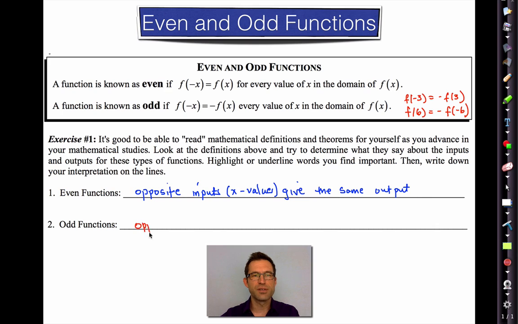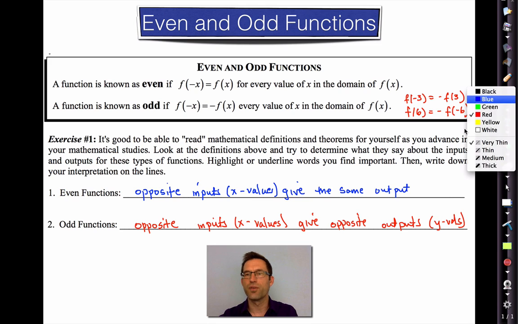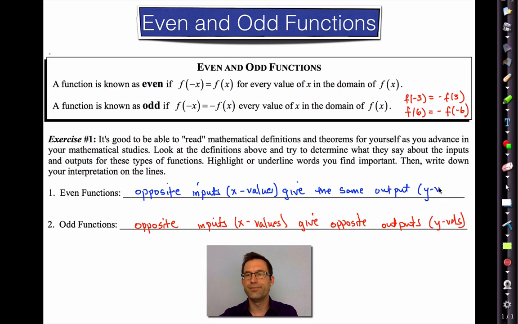Well, this really says that opposite inputs, i.e. the x values, give opposite outputs. Opposite inputs give opposite outputs. Y values. Let me add that to the other one too. And it's really that simple.